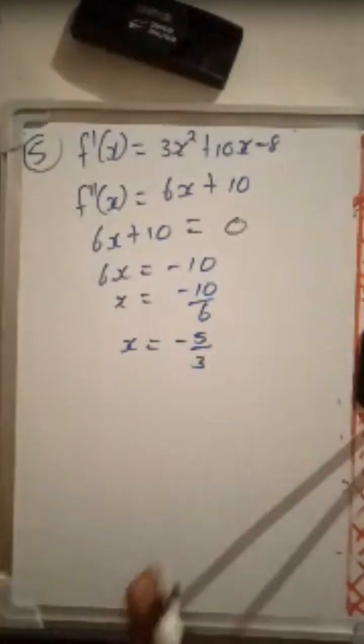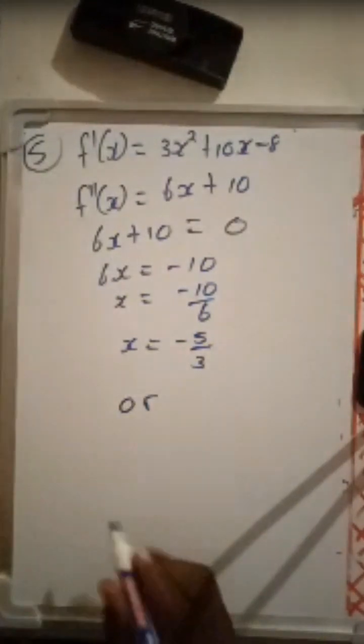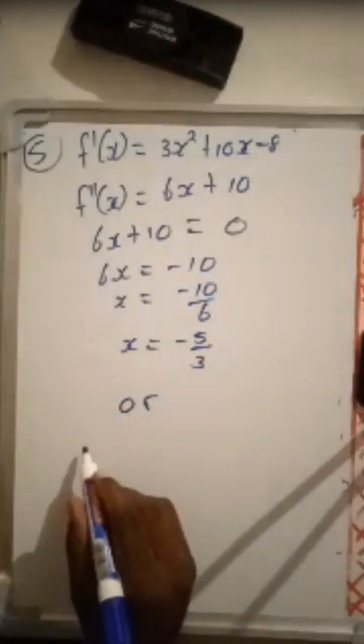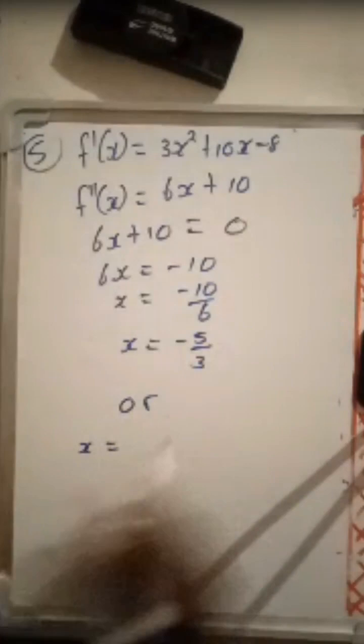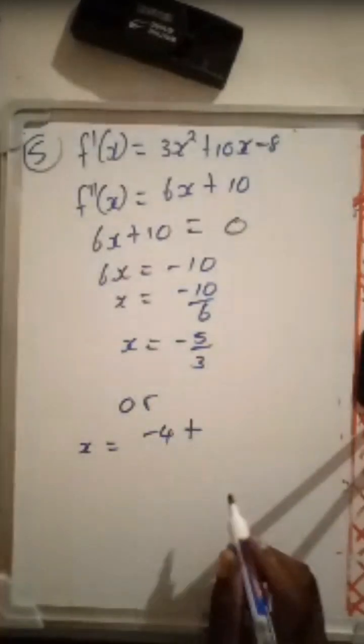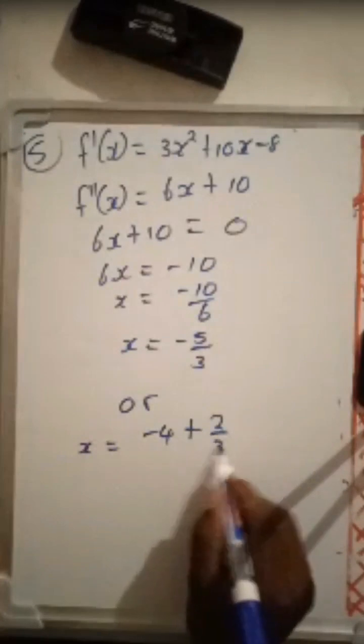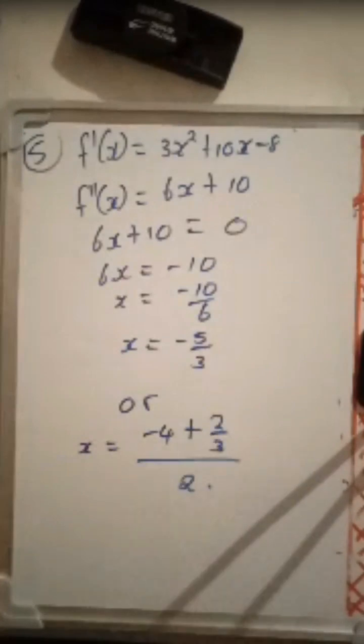The point of inflection is in between the turning points. The other method: we take x equal to negative 4, add the other turning point's x coordinate, 2 over 3, then divide that by 2. If you check that, that should give you the point of inflection.